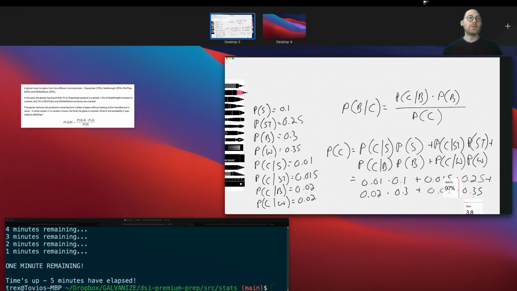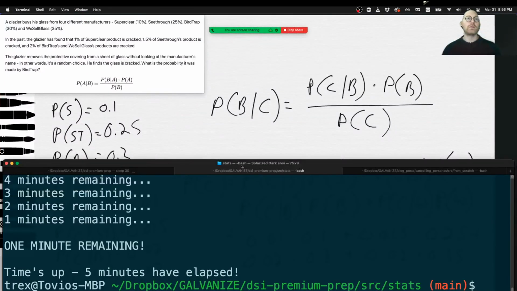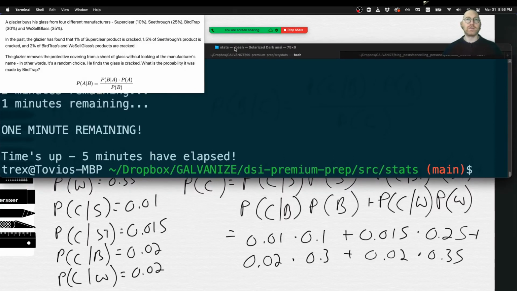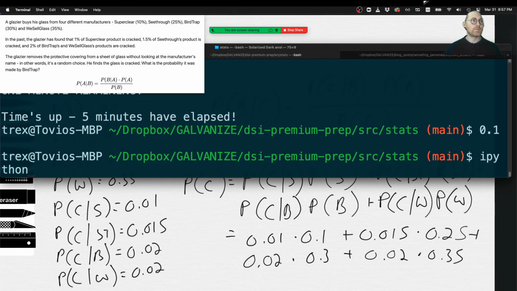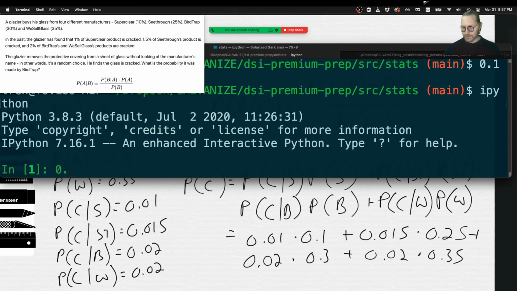And we can just figure this out. 0.01 times 0.1 plus 0.015 times 0.25 plus 0.02 times 0.3 plus 0.02 times 0.35.